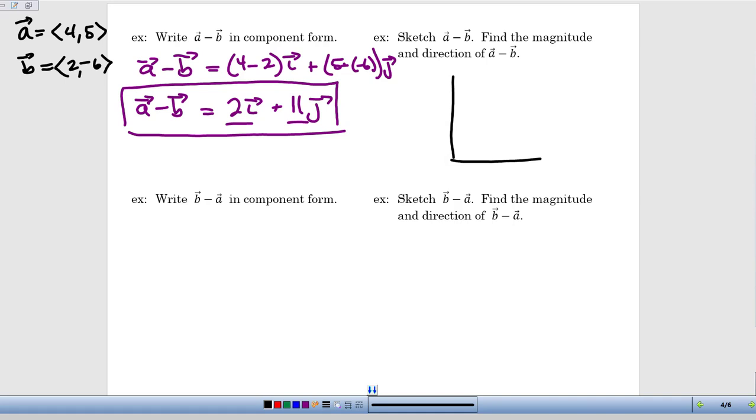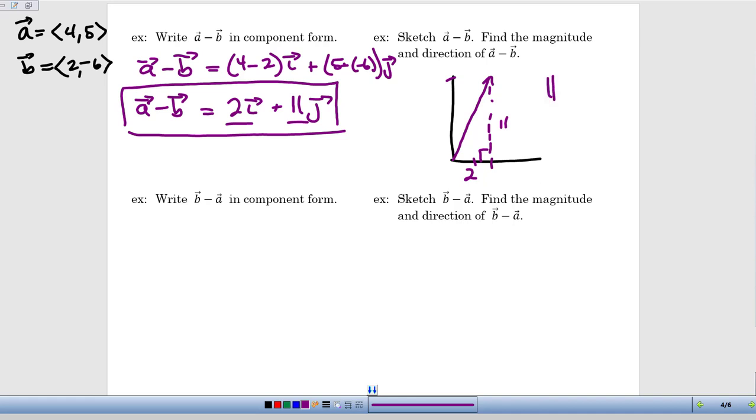So we're going to travel over 2, up 11, so we're going to have a vector that's going up pretty steeply. We can drop a perpendicular down, so this horizontal side is 2 and this vertical side is 11. And then we can go ahead and use a little Pythagorean theorem and our inverse tangent to figure out the magnitude and the direction.